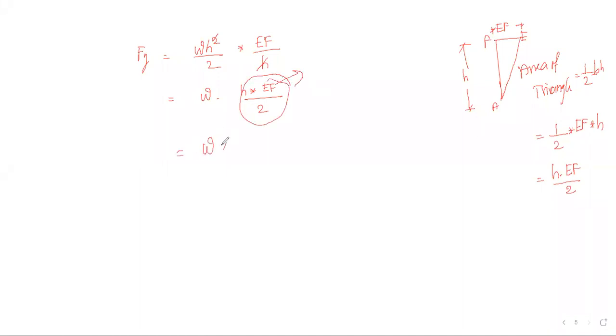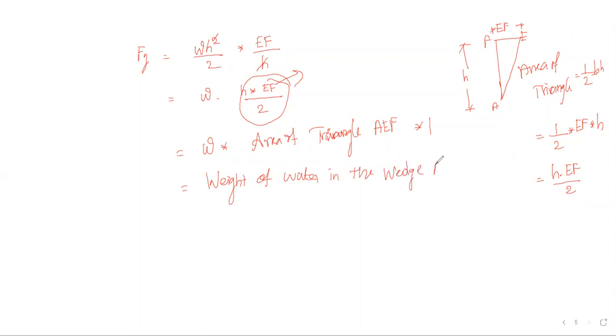So this is nothing but density into the area of triangle AEF, and we can multiply it with the per meter length so that we get the weight of water in the wedge AEF. So this is our Fy value.